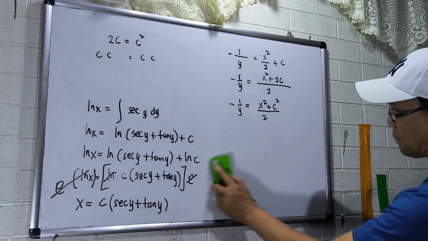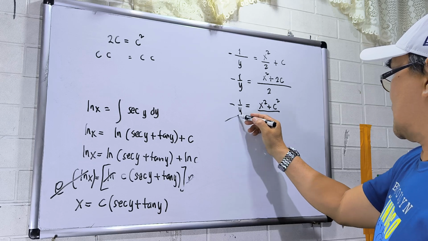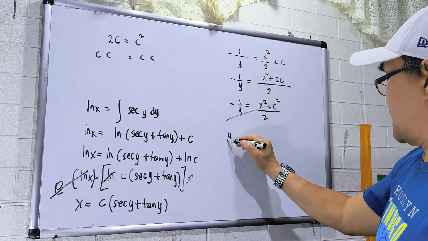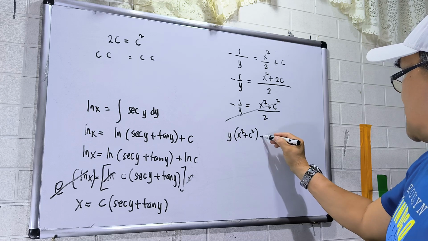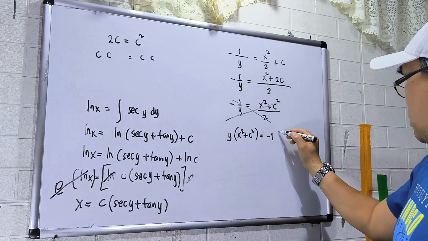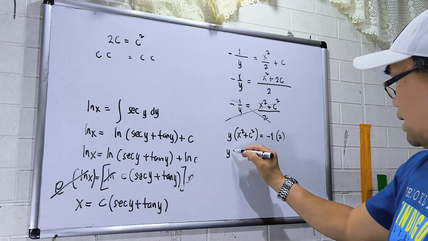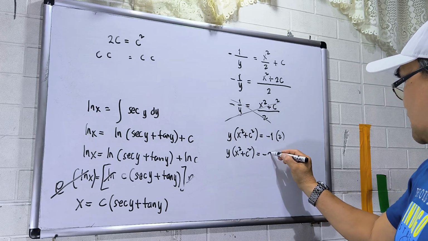And then cross multiply. So cross multiply will be this one. So this will be y times x squared plus c squared is equal to negative, because negative 1 times 2. So this will be y times x squared plus c squared is equal to negative 2.